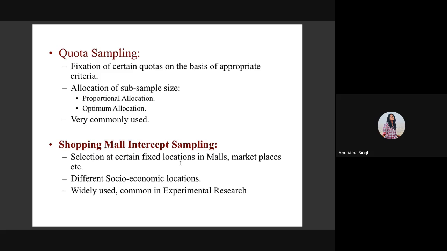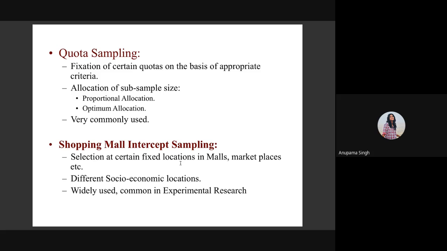So we will take more units from that particular section of the population, right? So we are giving some kind of weightage to that particular section. So we are fixing quotas.